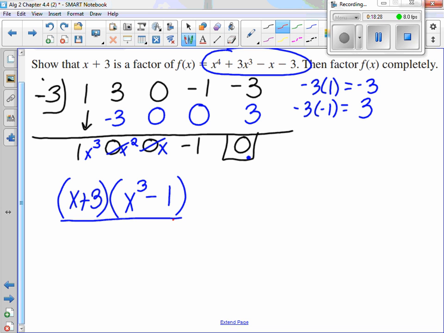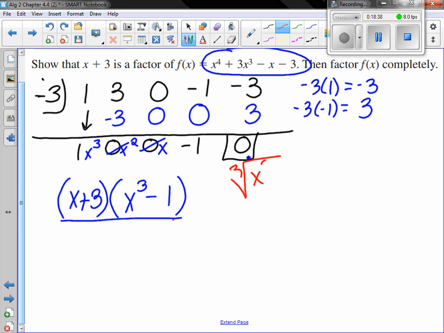Difference, so subtraction. It'd be nice if they're a difference of perfect cubes, because if they are, then we have our method that we learned the other day, yes? Can I take the cubed root of x to the 3rd? It would be x. Can I take the cubed root of 1?